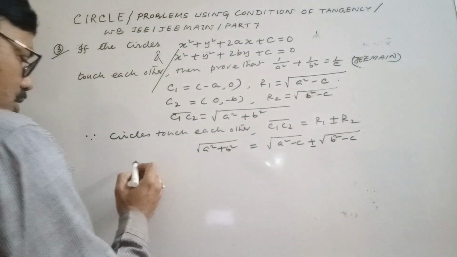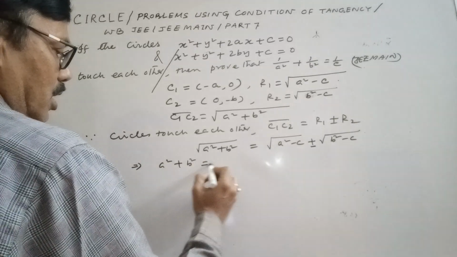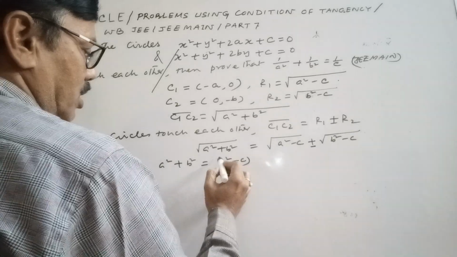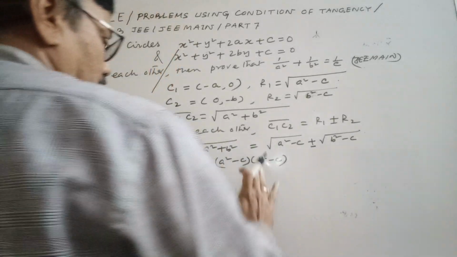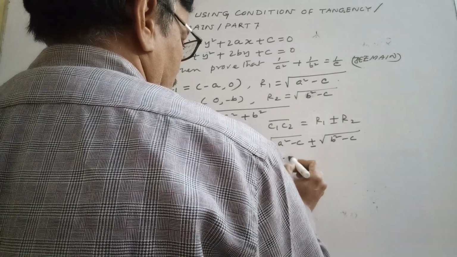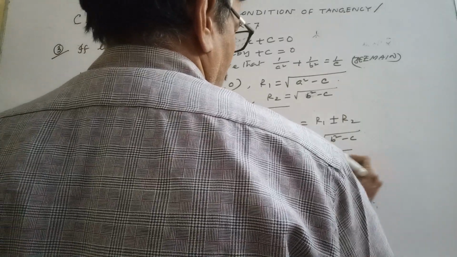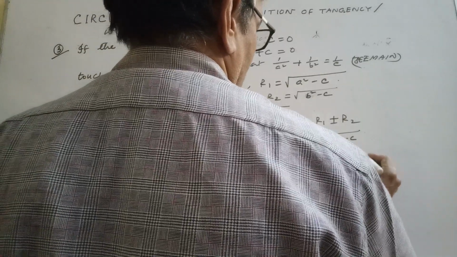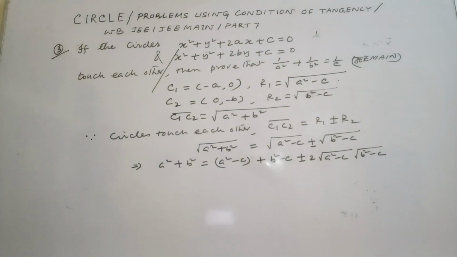Now simplify it. Squaring both sides. a square plus b square equals a square minus c plus b square minus c, plus or minus 2 into root of a square minus c into root of b square minus c.